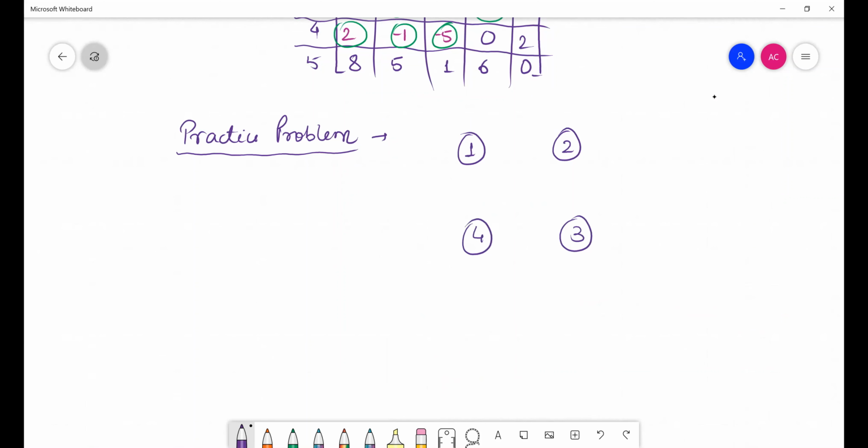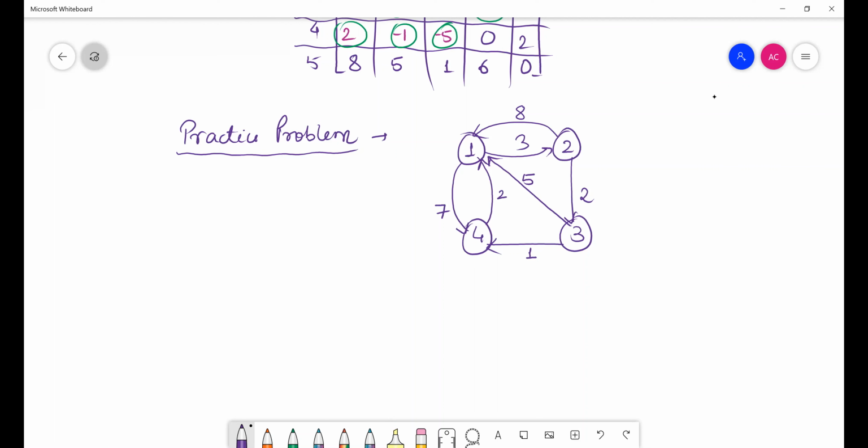It is a smaller graph, so it won't take too much time. Take this graph as a homework.